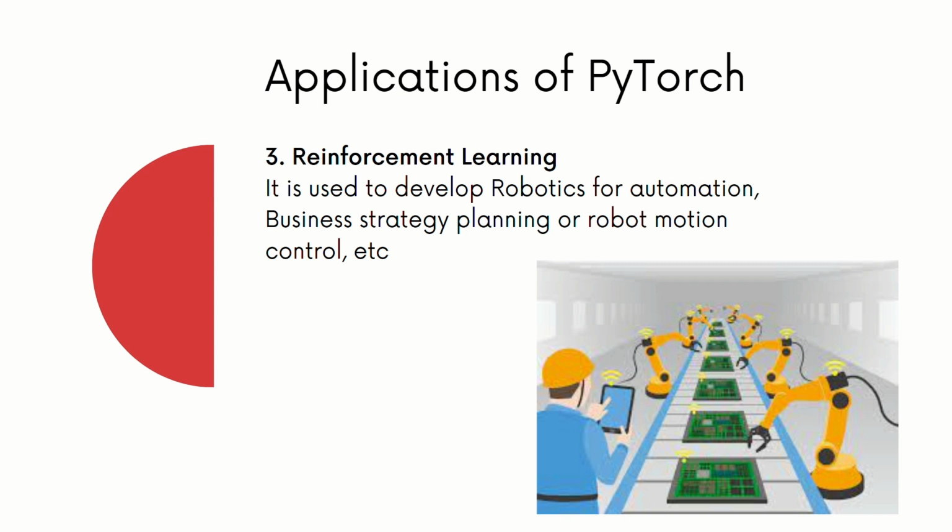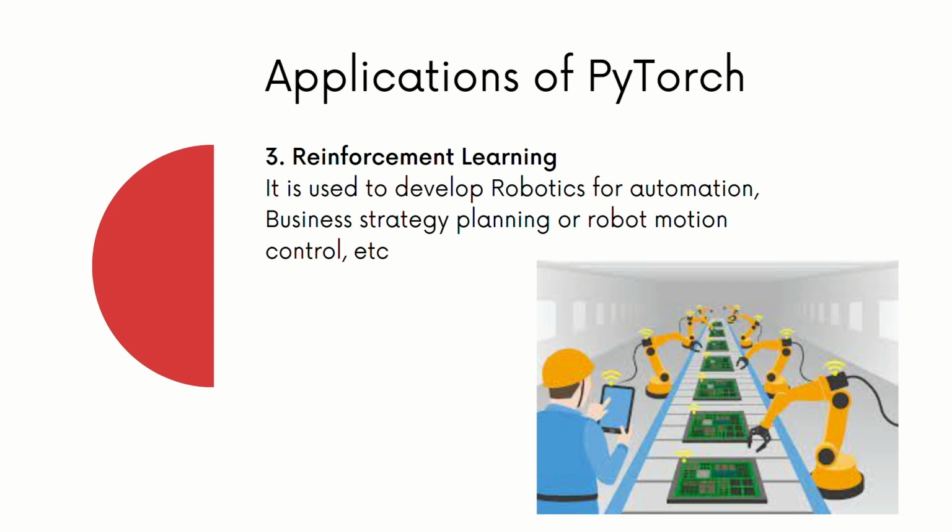Similarly, when we are training a model, if it is going on a correct path, or if it is doing right things, you provide reinforcement. For example, let's say you are trying to build a robot which follows a certain line.